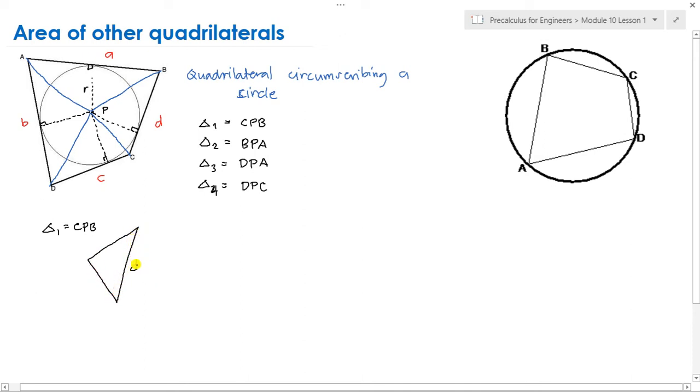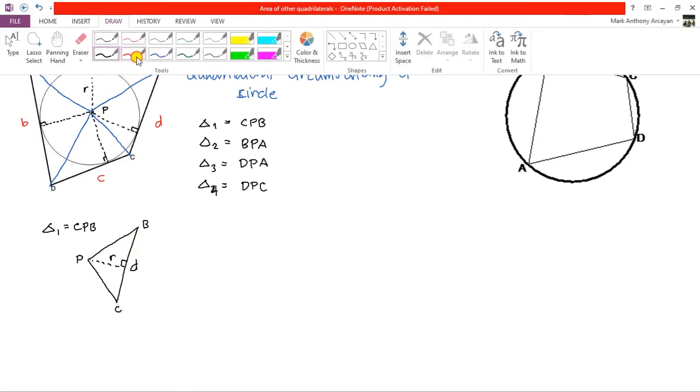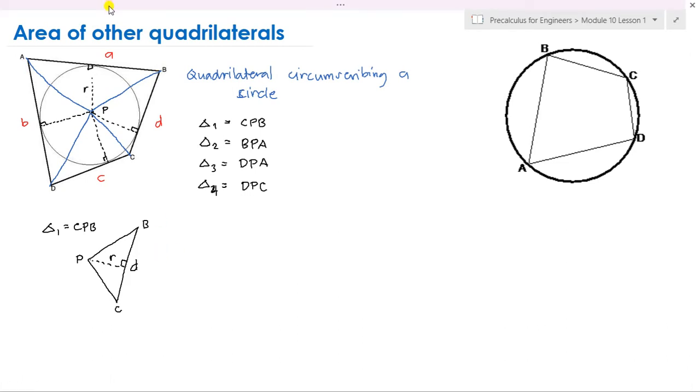We have side D, and the projected radius R, where this is point P, this is C, and this is B. Since this is a triangle with a given base, assuming the base is the line segment CB, we can get the area. The area here is equal to 1/2 times the base, which is side D, times the height, which is the radius. So 1/2 dR for the first triangle.